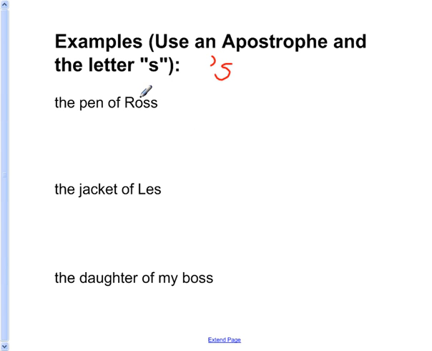The pen of Ross. So we have Ross as the owner, and pen is the item being owned. We have possession, because the of test has determined that. So we put an apostrophe S and look at the last letter of the owner word. In this case, the last letter is an S. That tells us we have to think about it.